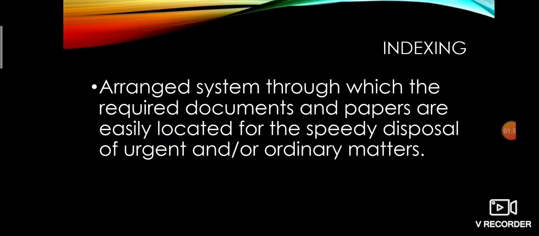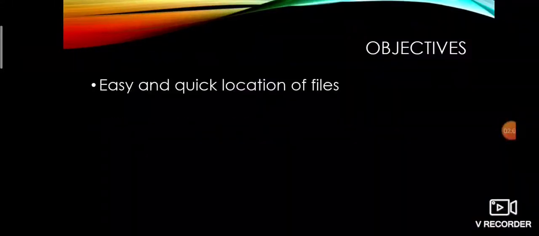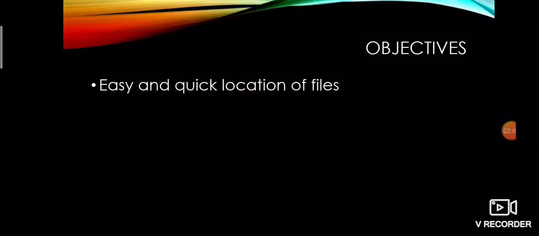So what are the objectives of indexing when we talk about an office? Number one is easy and quick location of files. It assists filing so that the file documents are located easily and quickly whenever they are needed.